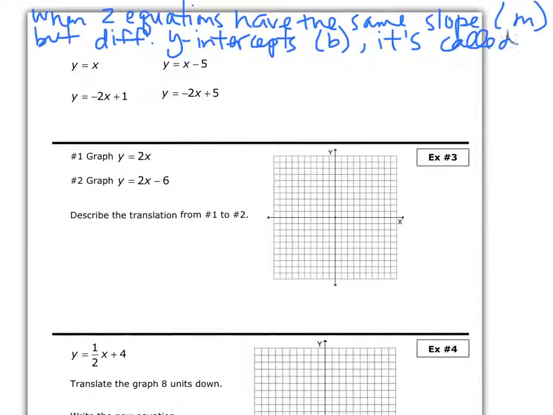It's called a translation. So it was translated a certain number of units.